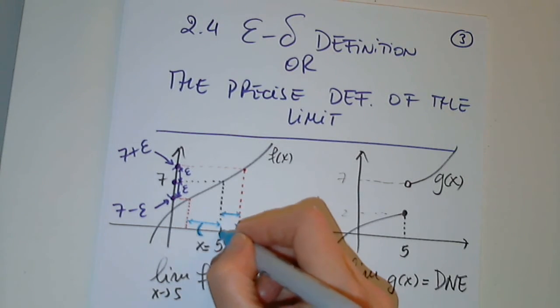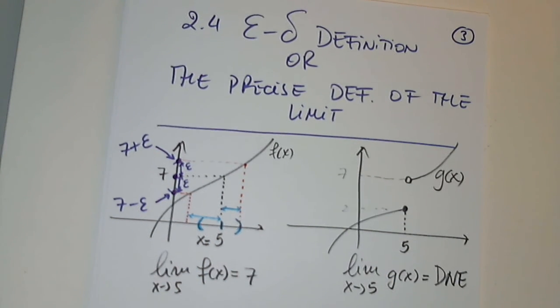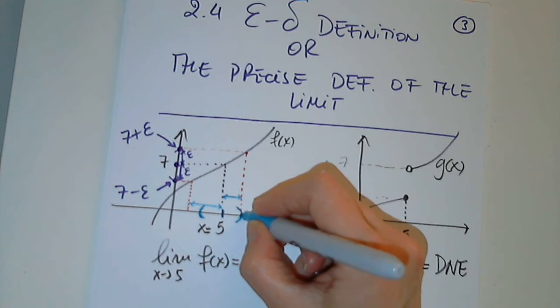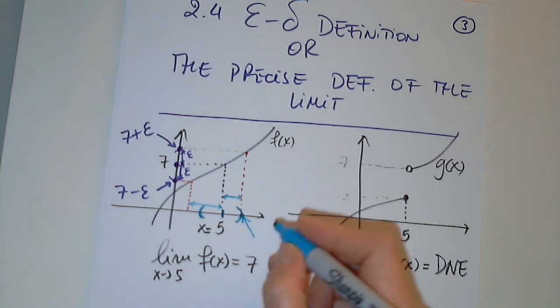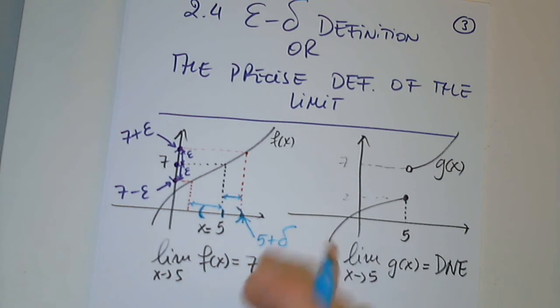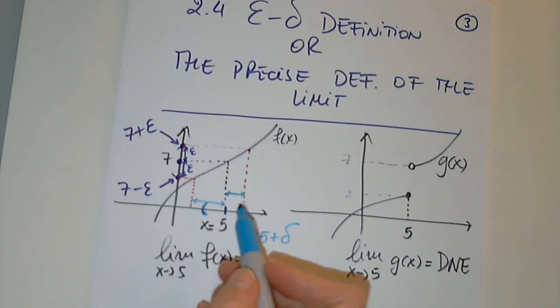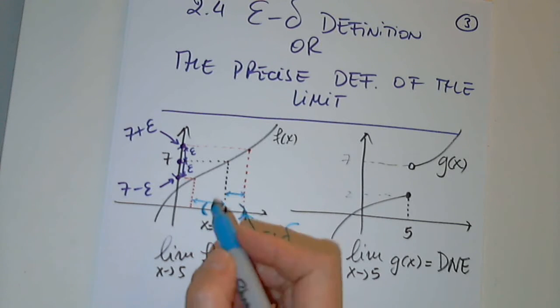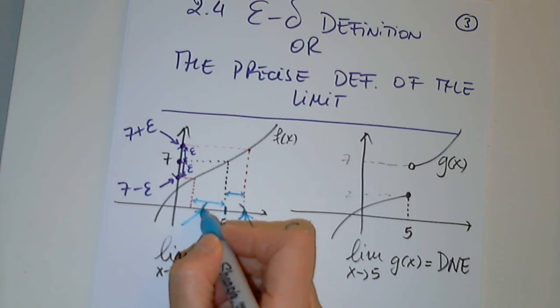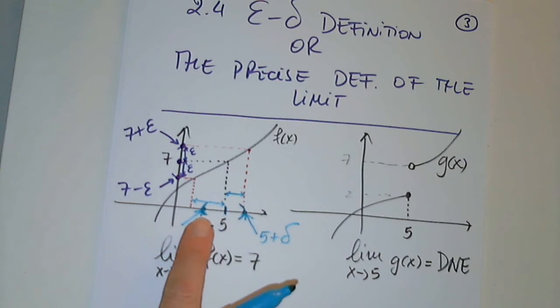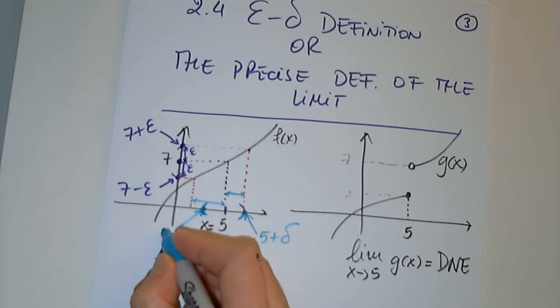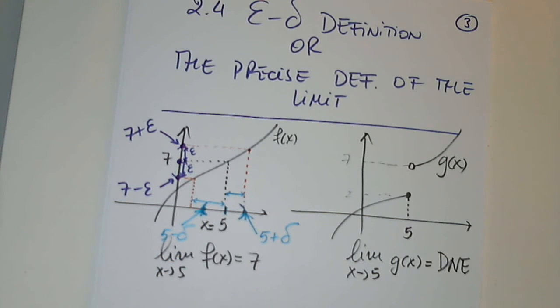And this is 5. We are going to name this point 5 plus delta. And obviously, since I chose equal distance from 5, what will I call this x value then? 5 minus delta. And now we are ready to understand the mechanism.